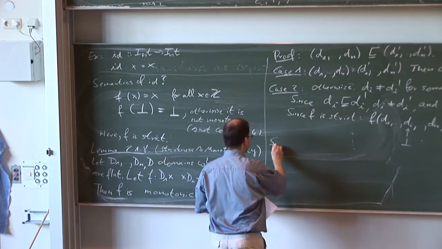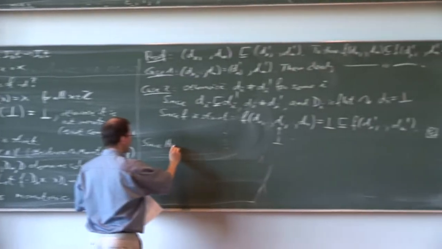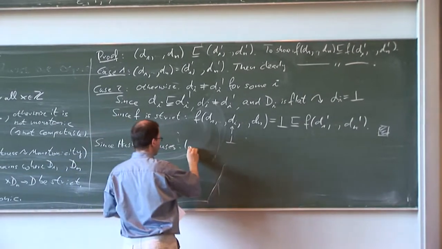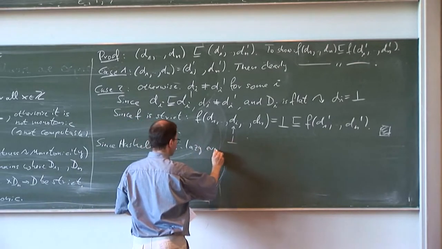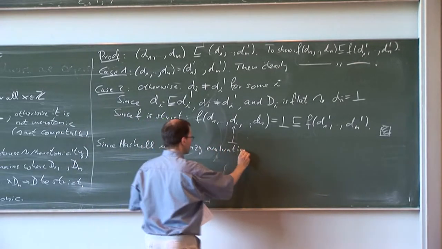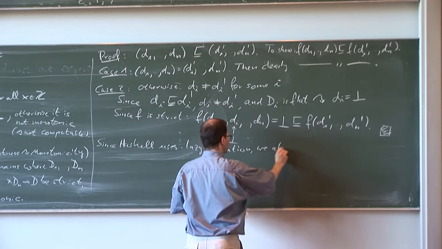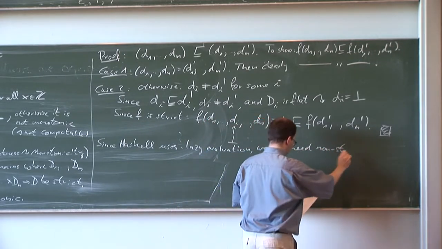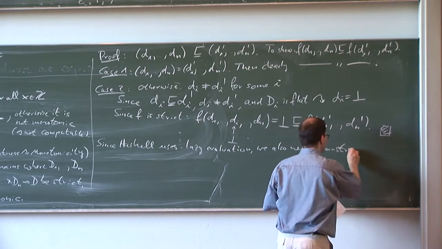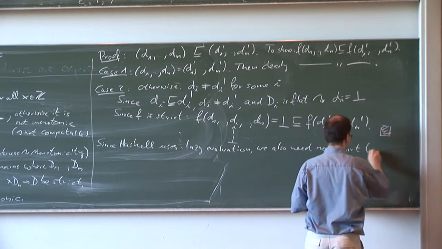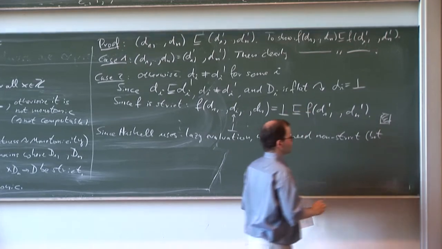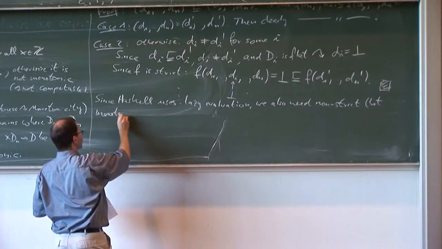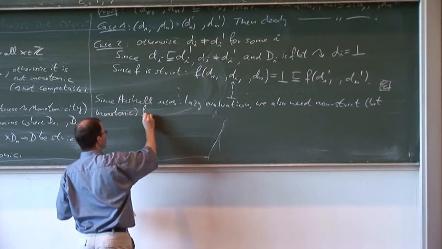So since Haskell uses lazy evaluation, we also need non-strict but monotonic functions in our semantics.